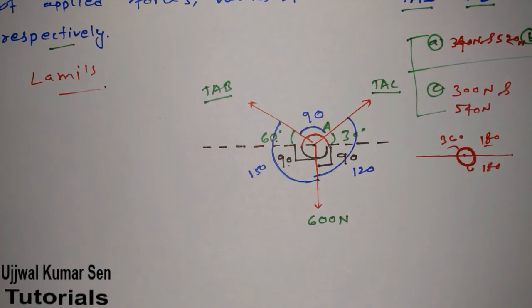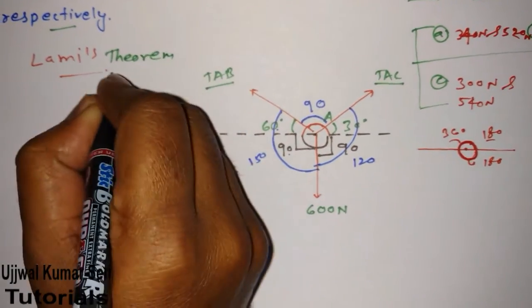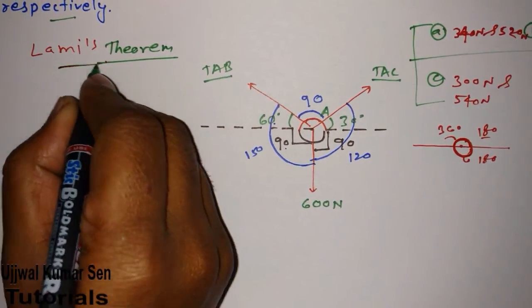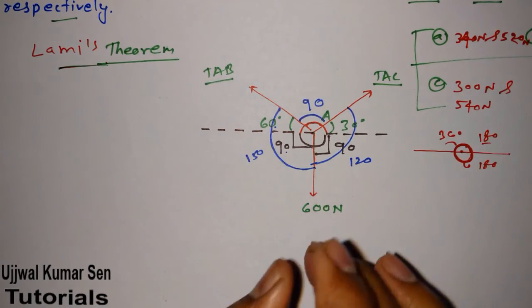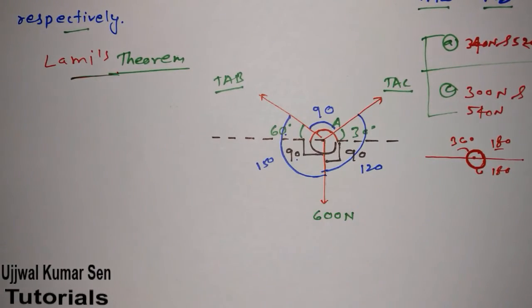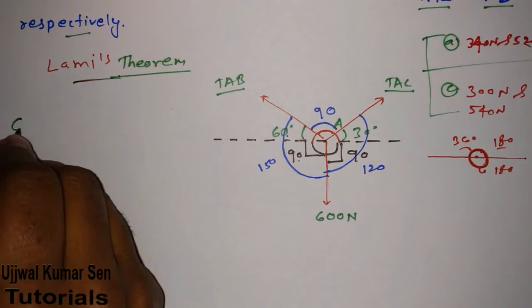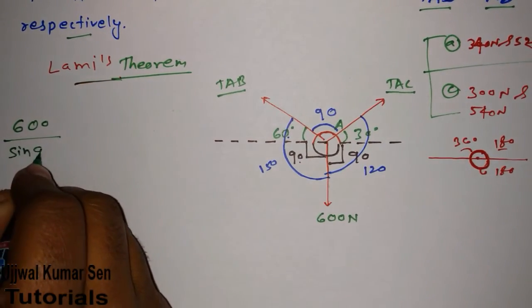That is important. So according to Lami's theorem, if we apply Lami's theorem, we can write an equation by using the given diagram here. So what is this? 600 divided by sine 90.